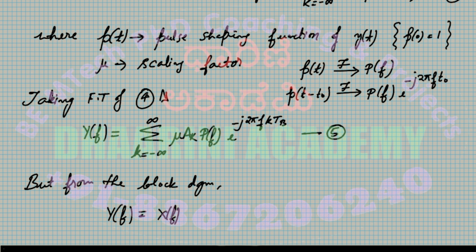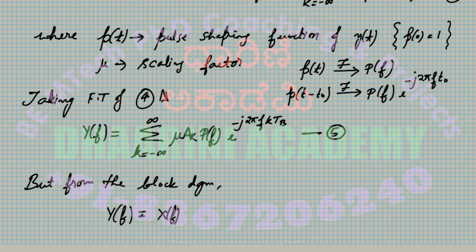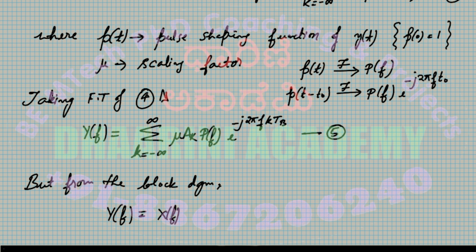X of t means I have to convolve, but I'll move it to x of f so that you don't have to convolve. Simply multiply. Okay. You see, first the x of f, which is the input, passes through the transmitting filter that is denoted by Ht of f. So I multiply. So this result passes through the channel denoted by Hc of f.